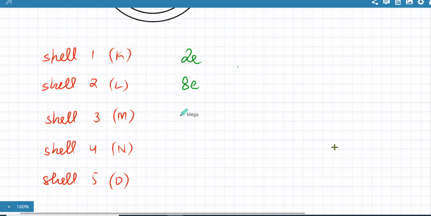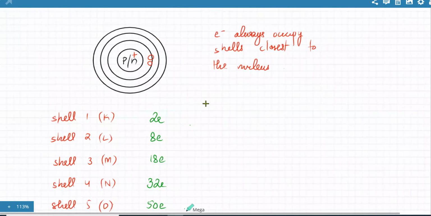The third shell has a maximum of 18 electrons. The fourth shell has a maximum of 32 electrons. And so on. The fifth shell is even bigger, so it can accommodate a maximum of 50 electrons. So the shells become bigger and bigger, and the number of electrons that they can accommodate also increases.